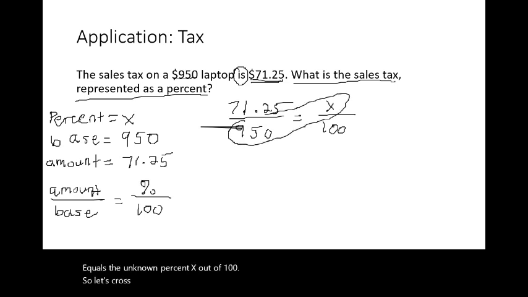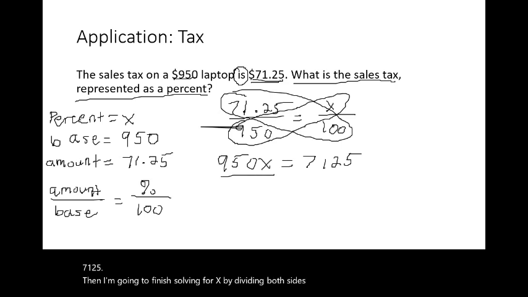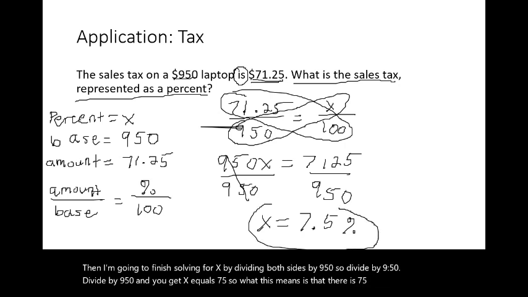So 950 times X is 950X. And then 71.25 times 100 is 7125. Then I'm going to finish solving for X by dividing both sides by 950. So divide by 950, divide by 950, and you get X equals 7.5. So what this means is that there is a 7.5% sales tax.